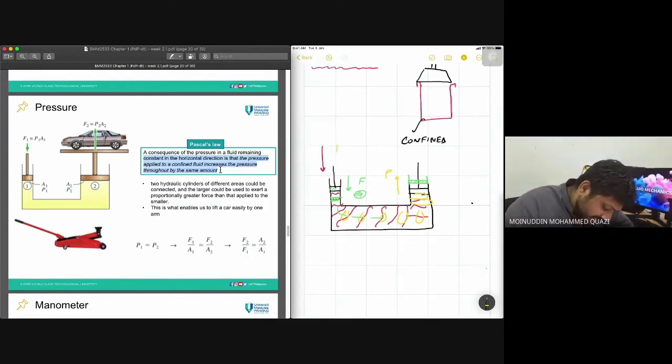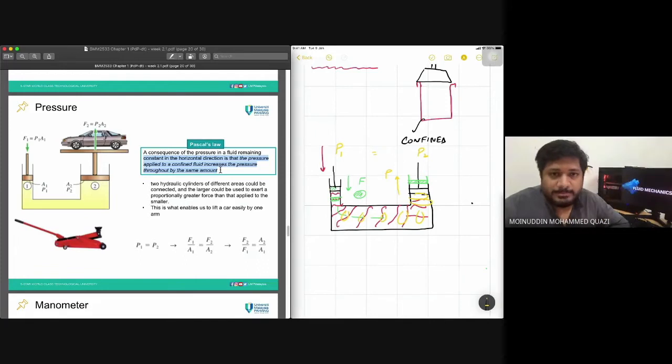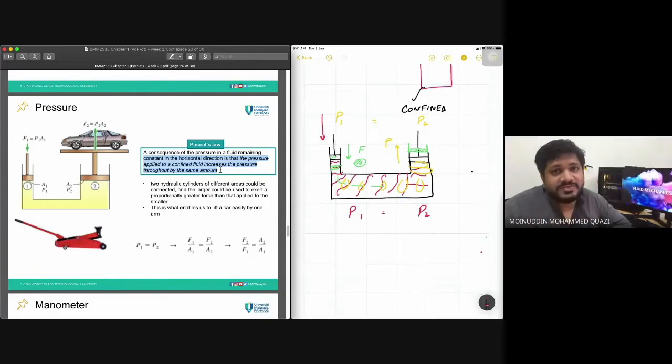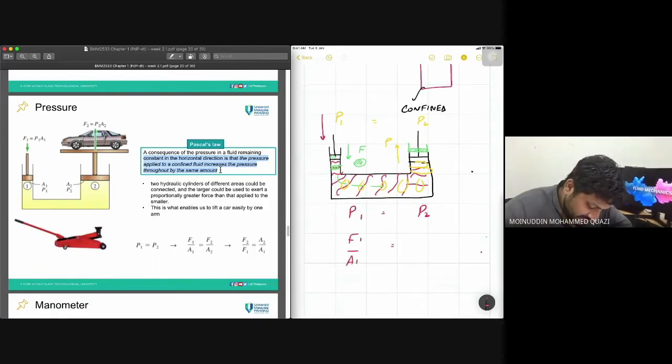So the pressure at this point is equal to the pressure at this point. When the pressure at point 1 is equal to the pressure at point 2 in a confined fluid, then force 1 over A1 is equal to force 2 over A2.